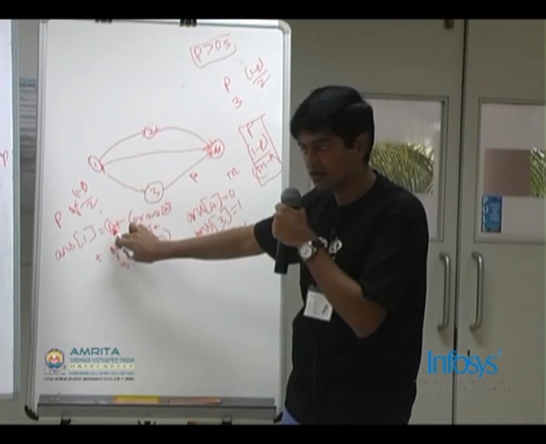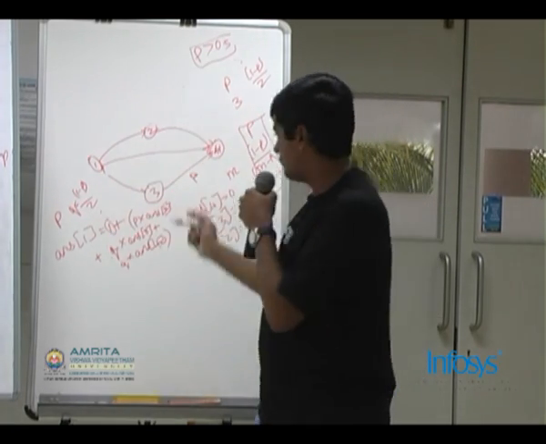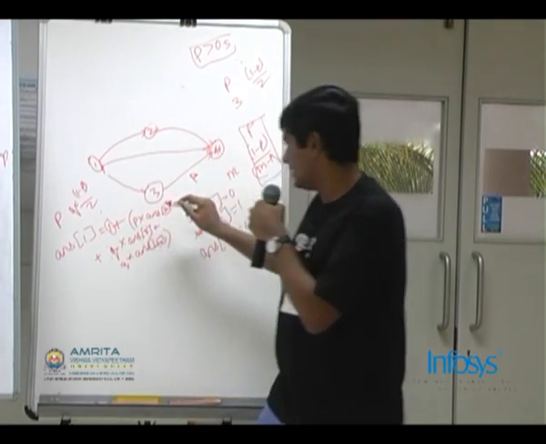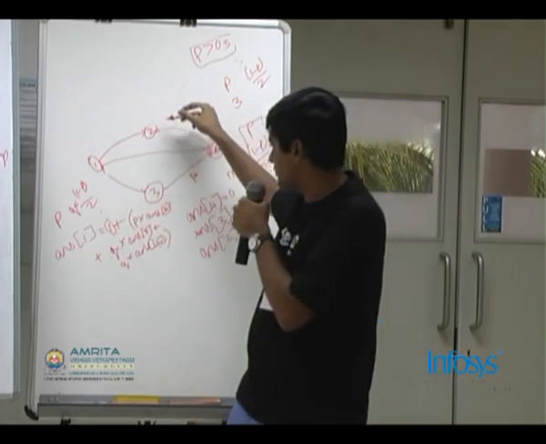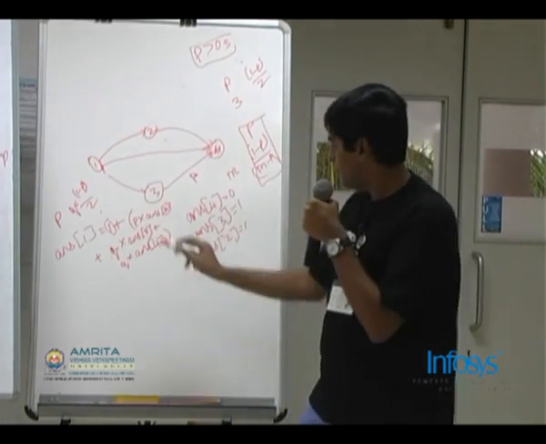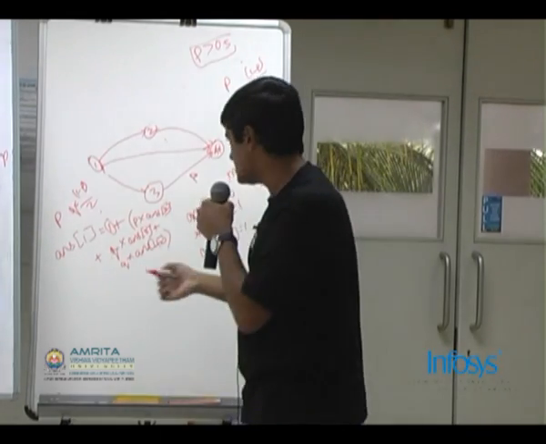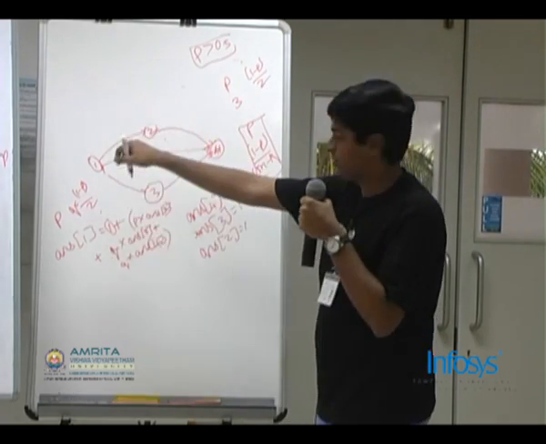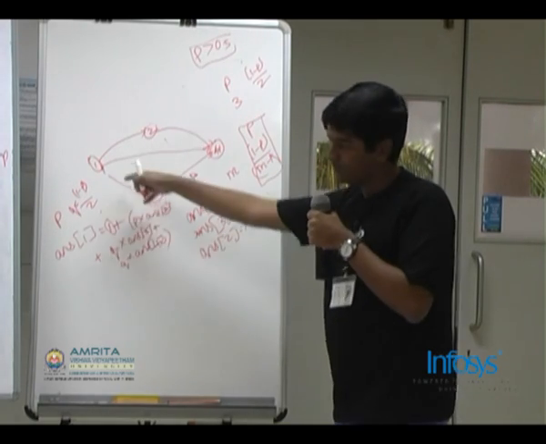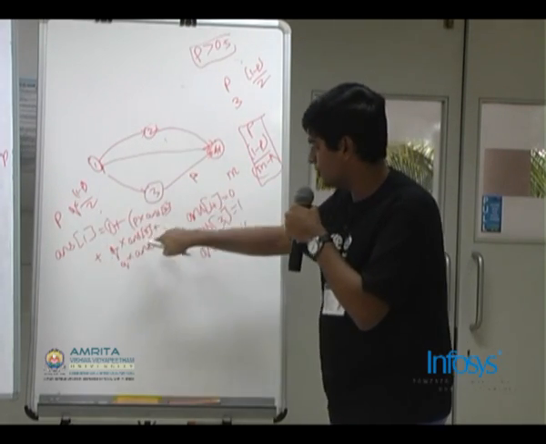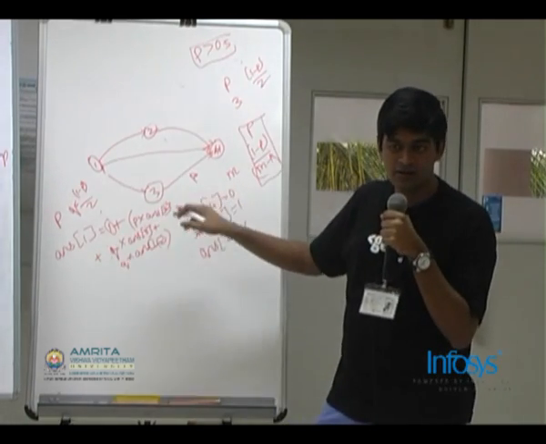So it will be 1 plus some other expected values. If you choose the edge 1, 2, it will be p into answer of 2, the expected number of edges you need to take from 2 to n, plus q into the expected number of edges you must take assuming you are at 4, that is q into answer of 4. Similarly, it is q into answer of 3. So if I choose the edge 1, 2, this is the recurrence I get.